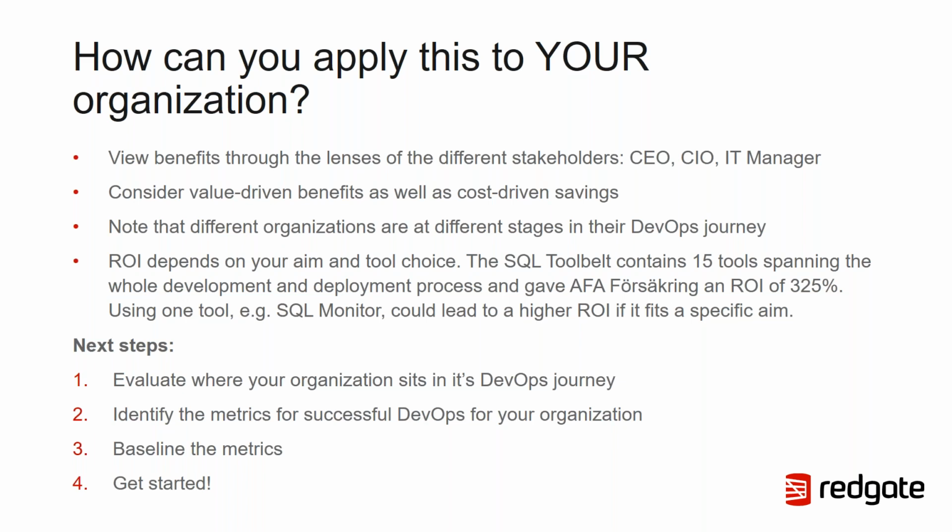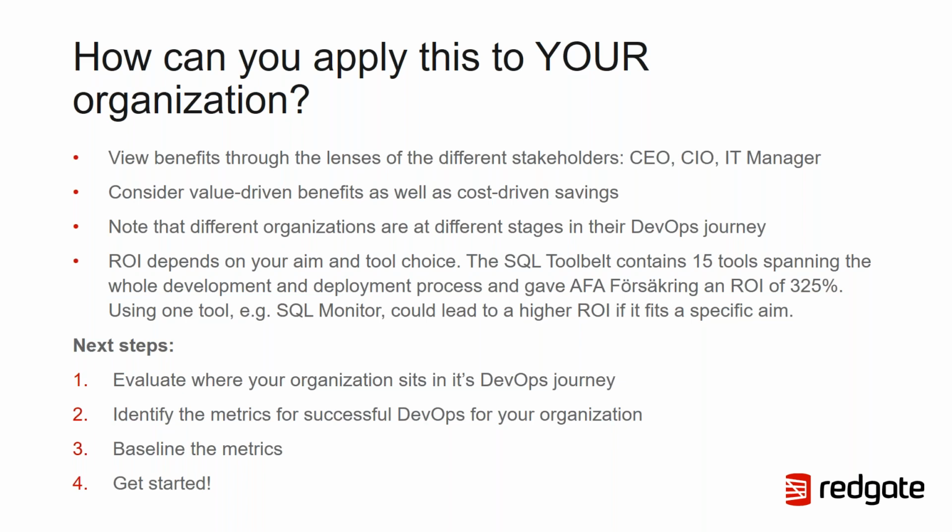So as a bunch of next steps, my advice would be, number one, evaluate where your organization sits in its DevOps journey. Find out, if you think about those 3 different categories that we broke out those 8 different steps into, where are you in each of those? Are your processes quite mature, or are they quite at the early stages?